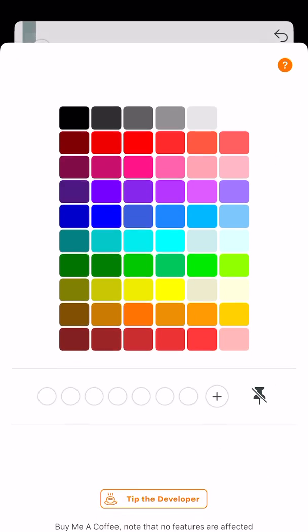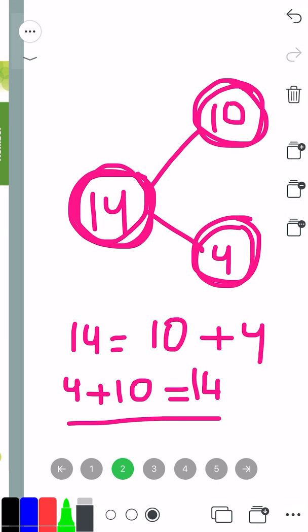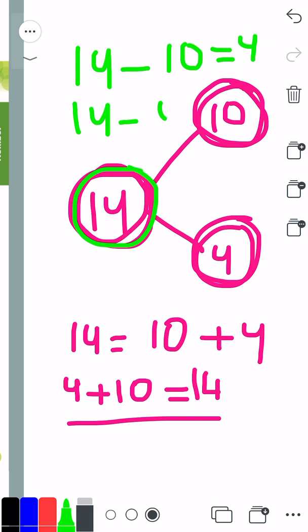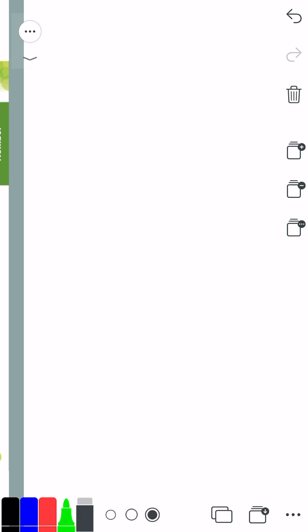And for the subtraction number sentence, you take the biggest number first, so 14 minus any of the two smaller numbers. Let's say minus 10 equals the third number. 14 minus 4 equals 10. So these are the four number sentences we can write out of any number pairs of 14.